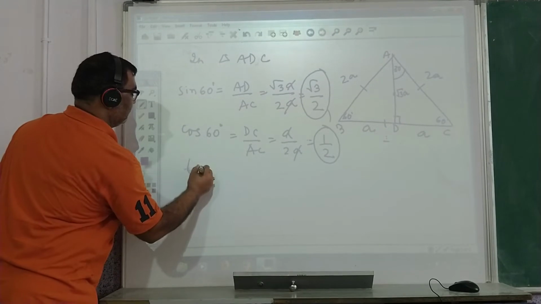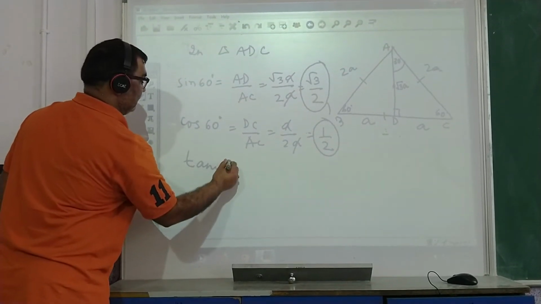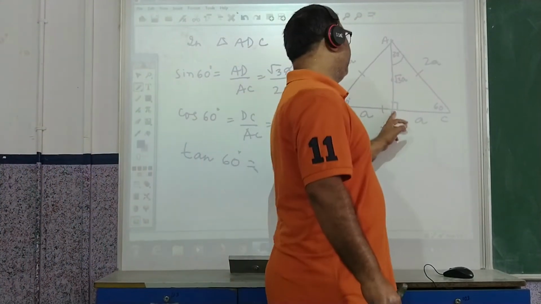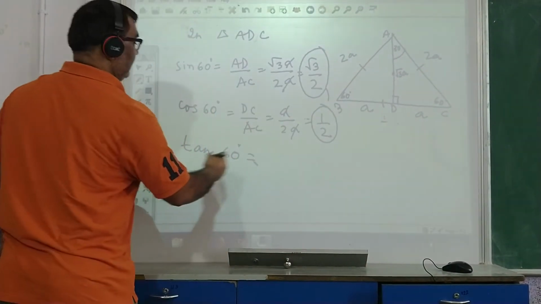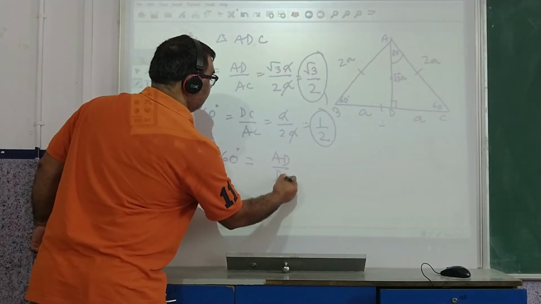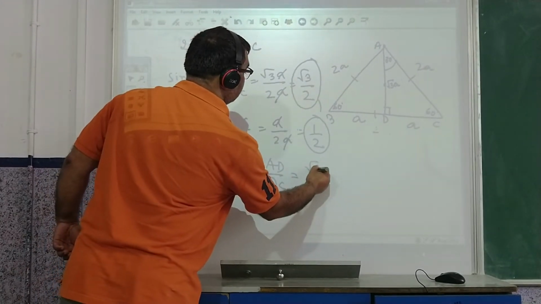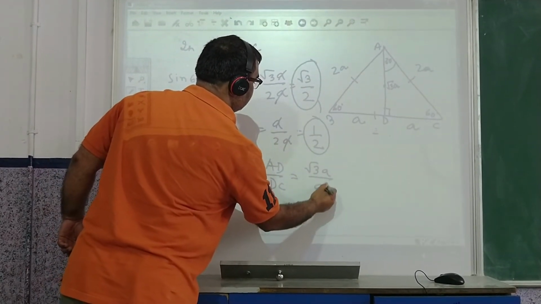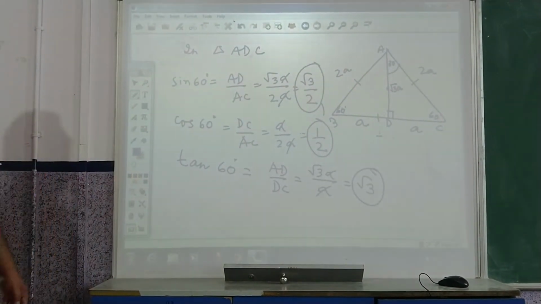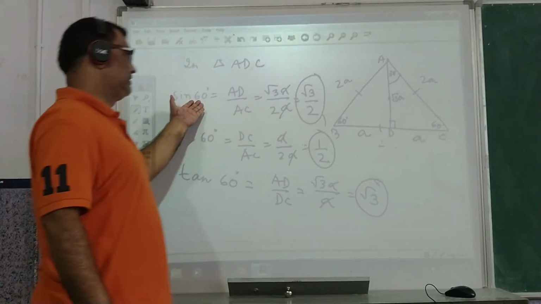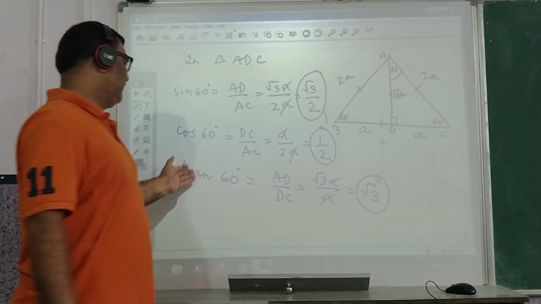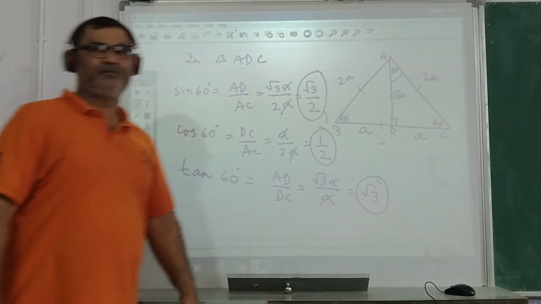Next is the tan 60. Tan 60 is P by B, so AD by DC. AD is root 3A, DC is A. So root 3. So my dear, value for sin 60 is root 3 by 2, value for cos 60 is 1 by 2, value for tan 60 is root 3.